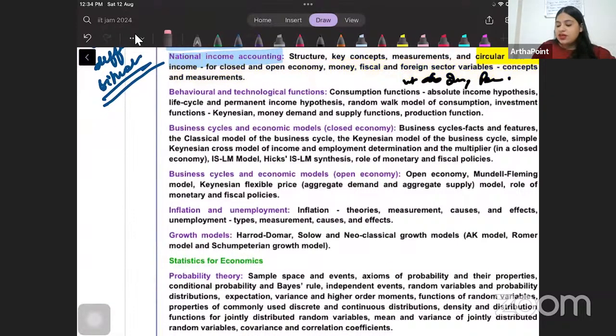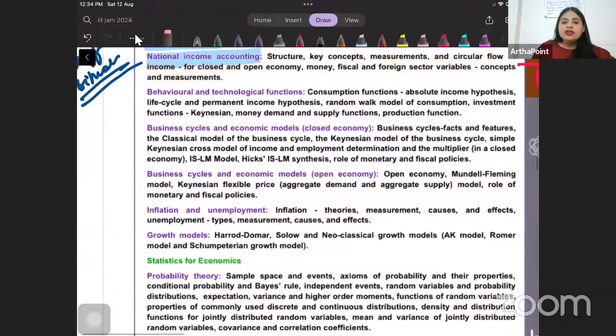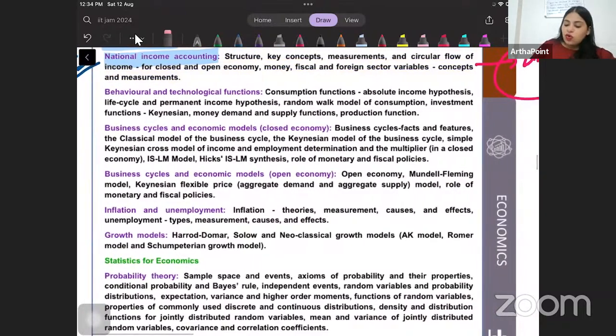Next is behavioral technological functions. This is something which is already there in your intermediate lectures.